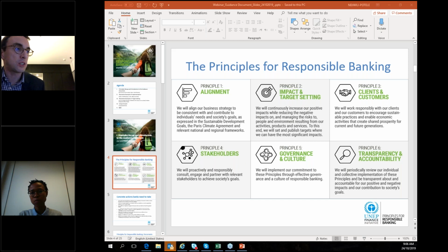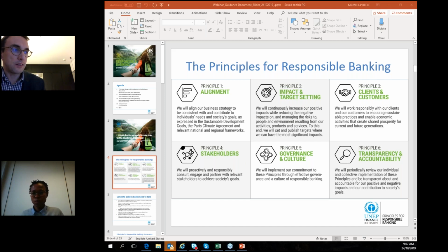We identified and specifically called out the Paris Climate Agreement and Sustainable Development Goals as being key global examples of what we need to do, but then talked about relevant national and regional frameworks, because in different countries, in different contexts, there will be other things which have similar relevance, but in a more regional, localized context. So that's what we're aiming at, and that's the guide. But how we get there is really unpacked in the following five principles.